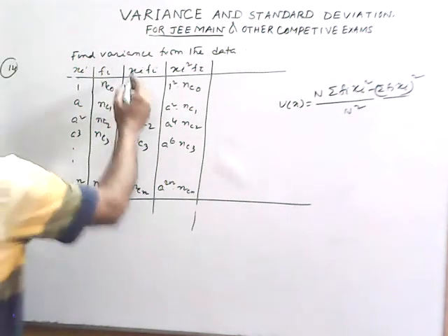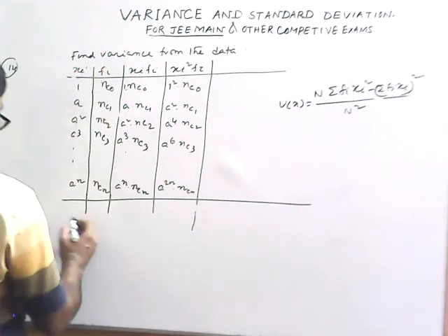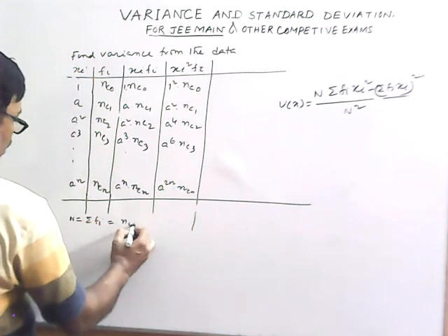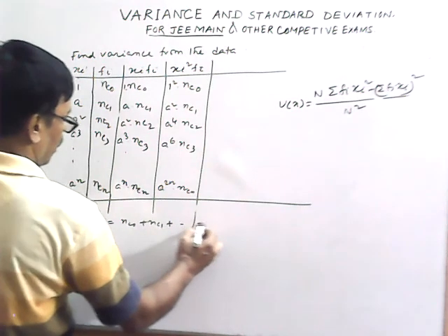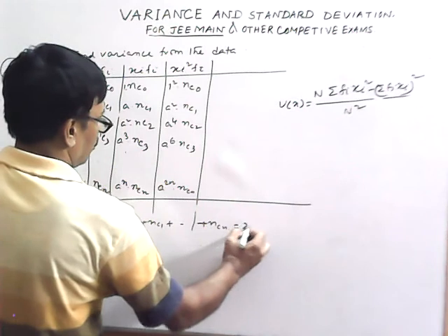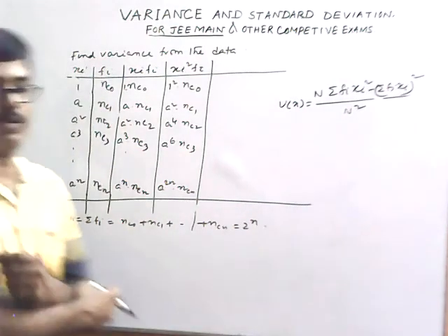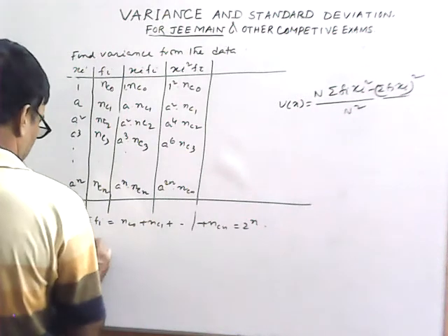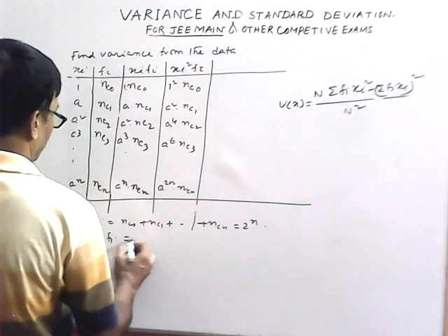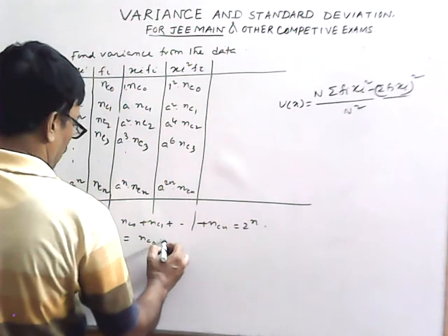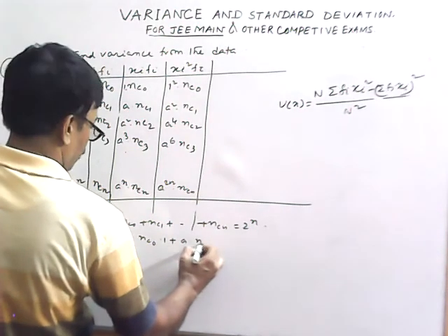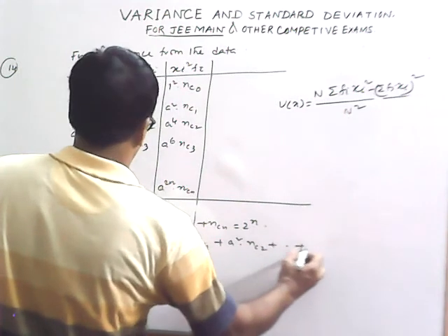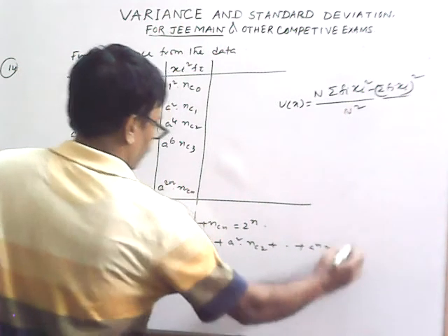Now what is the summation of xi fi? So N equals the summation of fi. It is a well-known result: nC0 plus nC1 plus up to nCn equals 2 to the power n. So this is N. Now what is the summation of xi fi? nC0 into 1 plus a into nC1, a square into nC2, dot dot, a to the power n into nCn.